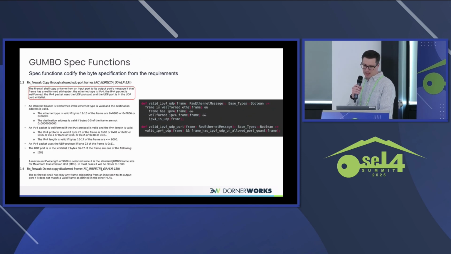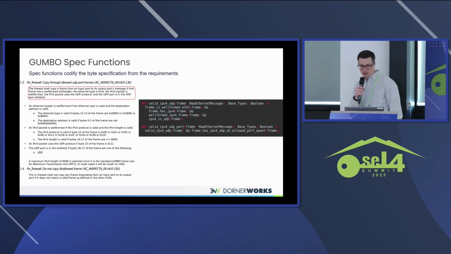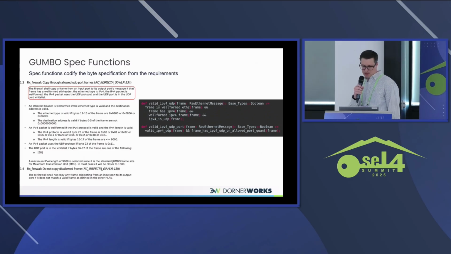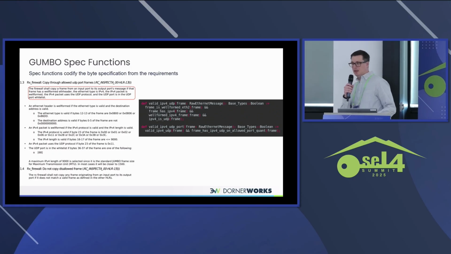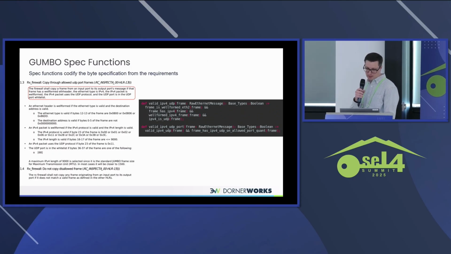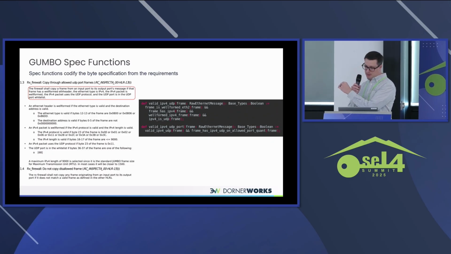So if we look at that valid UDP port spec function, you can see it looks very similar. The frame has a well-formed ETH header, the Ethernet type is IPv4, the IPv4 packet is well-formed, and so on. And if you look down in the requirement, I start defining what each of those things means.